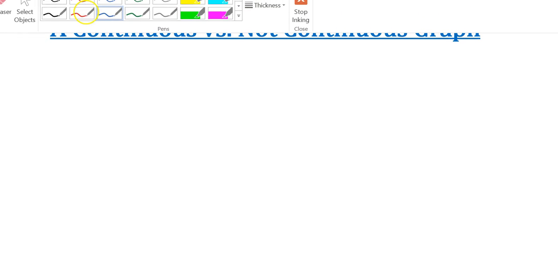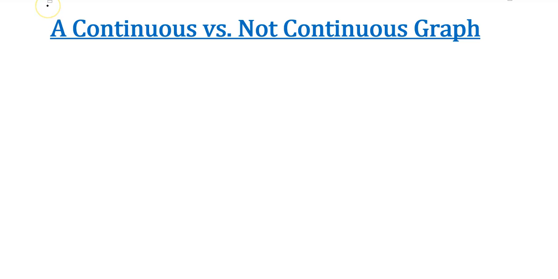So I'm going to draw you a couple graphs here so that you get an idea of what's actually going on. The first is going to be that of a continuous graph, and it's going to look something like this.